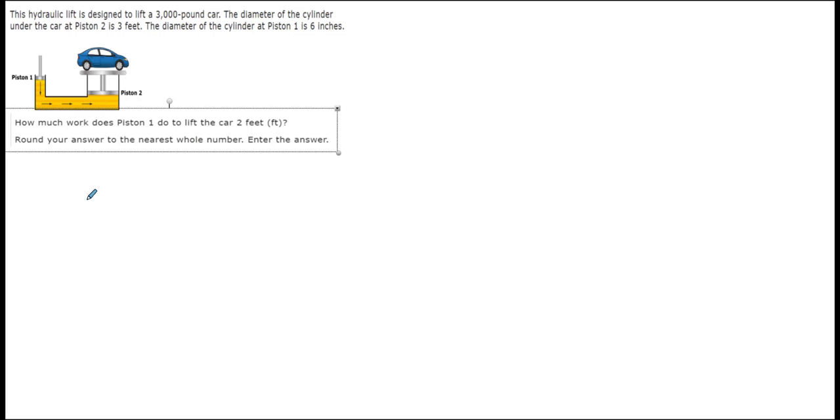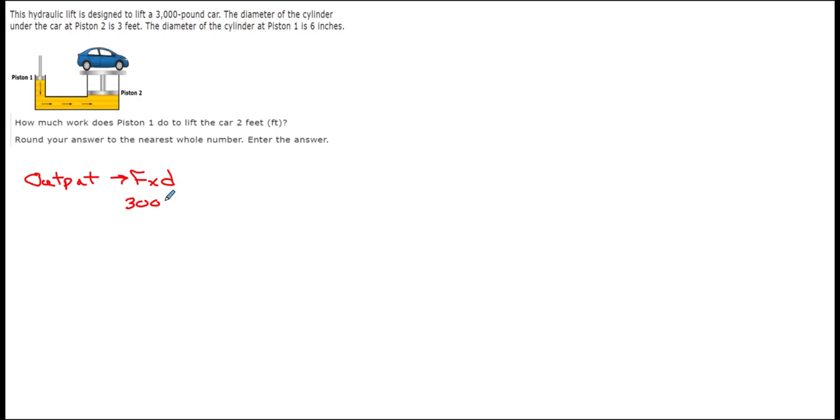Well, at the output, where the car is, we have force times distance, and we have 3,000 pounds moving 2 feet, so it's 6,000 foot-pounds. Work equals force times distance.